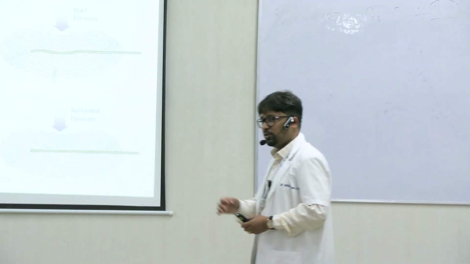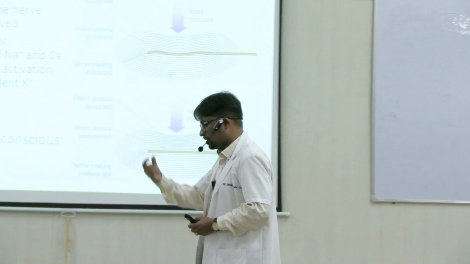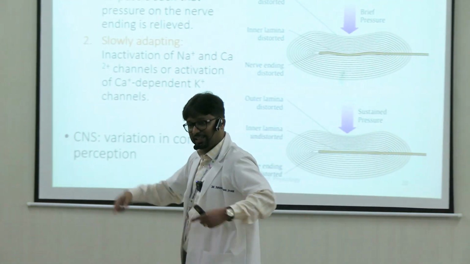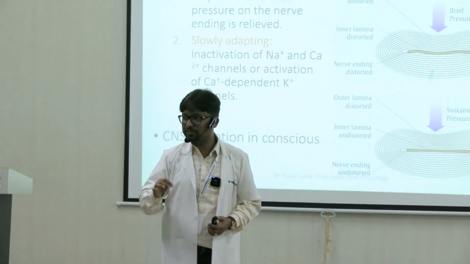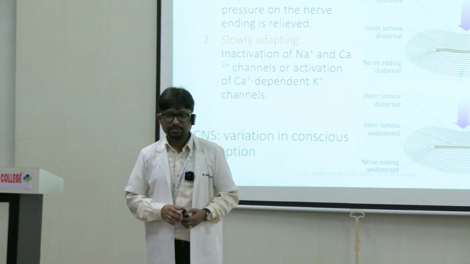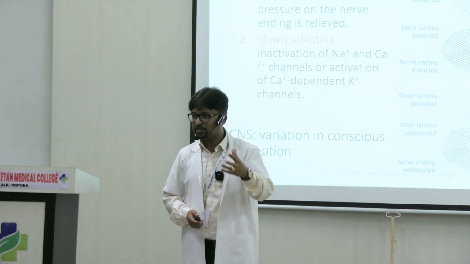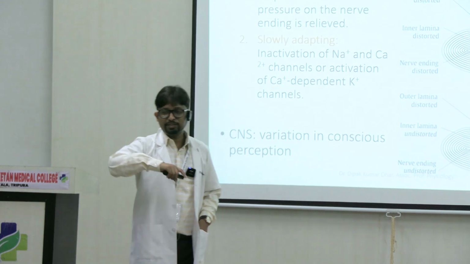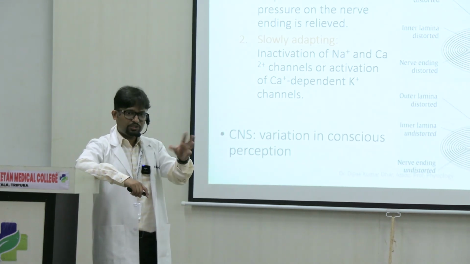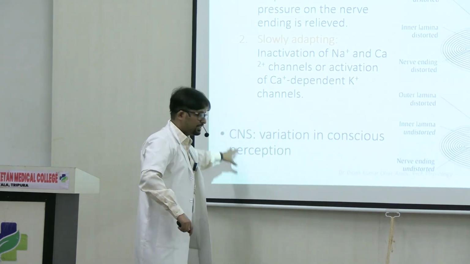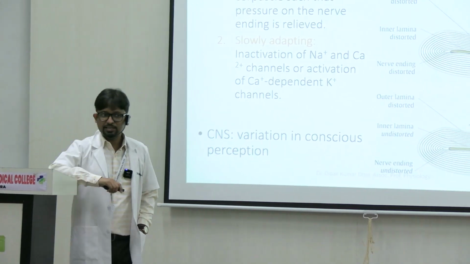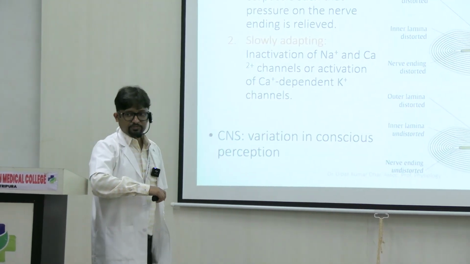Then our brain also has mechanisms by which we are able to selectively focus our attention on a certain stimulus, ignoring the background. So selective attention and inattention. This is also a property and a function seen in neural circuits around the brain. So both these two processes participate in the adaptation happening at the CNS level, right?